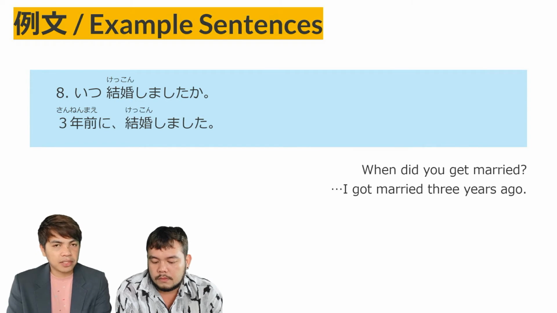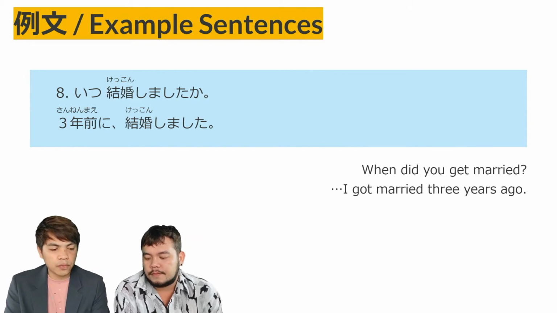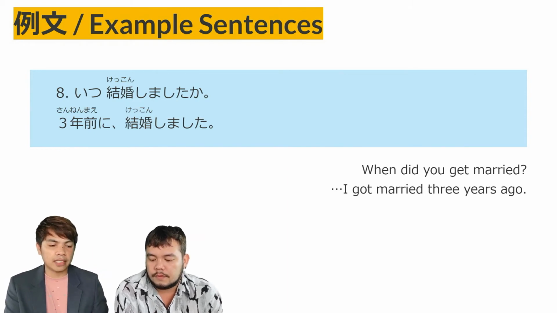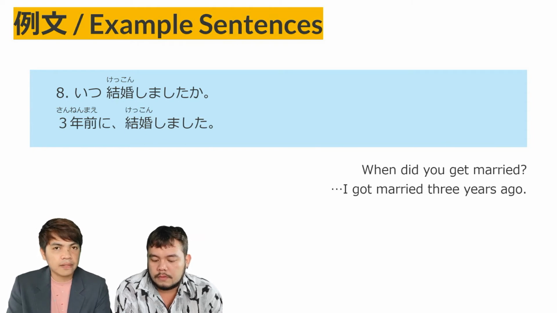Number 8. Itsu kekkon shimashita ka? 3年前に結婚しました。 So the interrogative in this question is itsu, when. Asking for the time. Kekkon shimashita ka? When did you get married? He answered, 3年前に, 3 years ago. Kekkon shimashita.